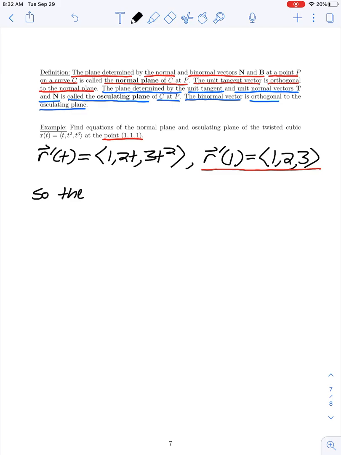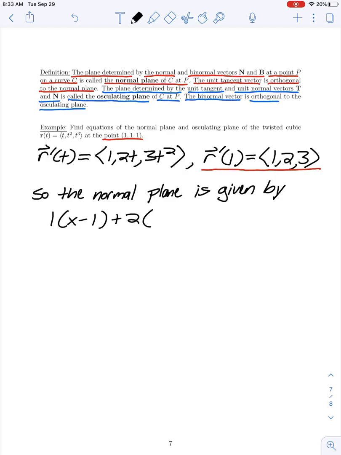Let's find it. The normal plane is given by, we take the first component of the normal vector to that normal plane, which was our tangent vector here. Its first component was 1, times x minus the x coordinate for our point on the plane, plus the second component of our normal vector, which was 2, times y minus the y coordinate for our point on the plane, 1, plus the third component for that normal vector, which was 3, times z minus the z component from our point on the plane, which was 1, and that has to equal 0.